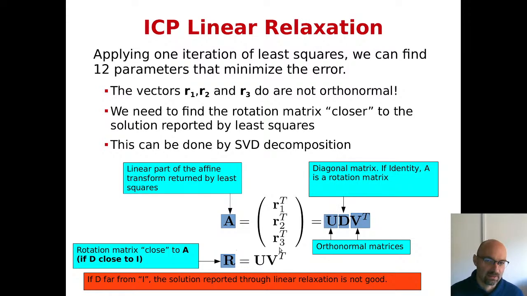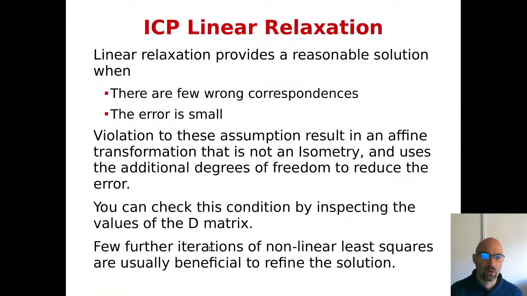Because if I set D to the identity, I just go back to the space of the orthonormal matrices. This is quite decent, but it works if you don't have many bad correspondences and the error, meaning the noise, is small.